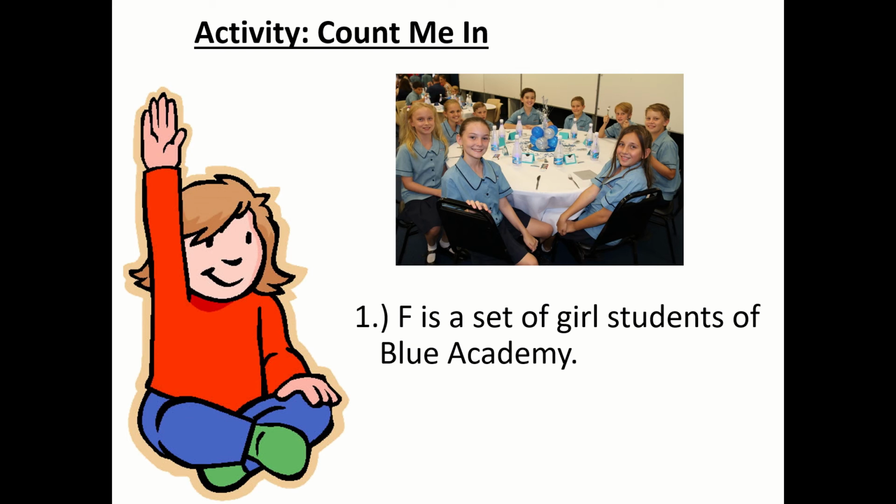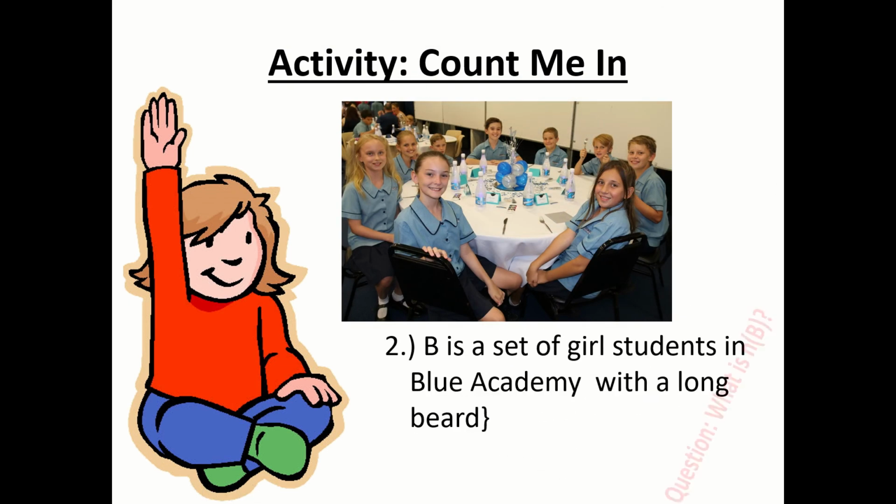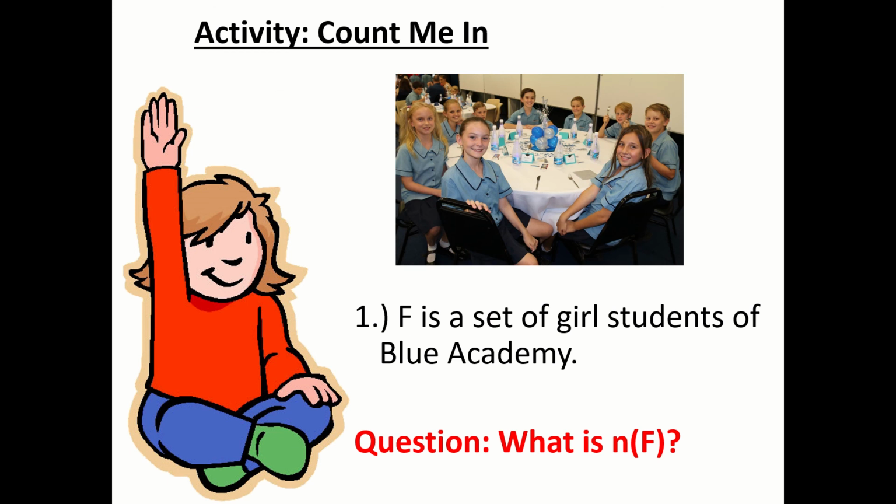Looking at the figure, if we will answer this question, what is the number of elements of set F, or what is the cardinality of set F, our answer would be what? You count the number of girls here. That's 1, 2, 3, and 4. So the answer is 4.